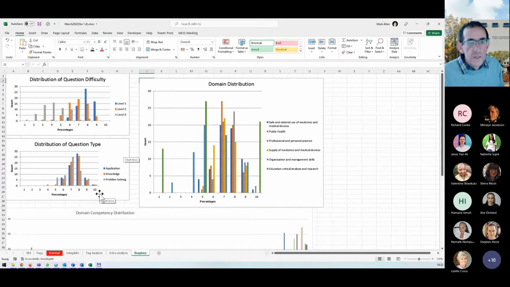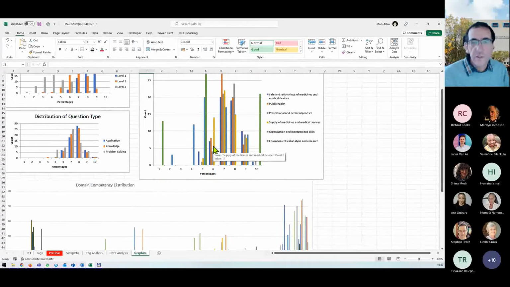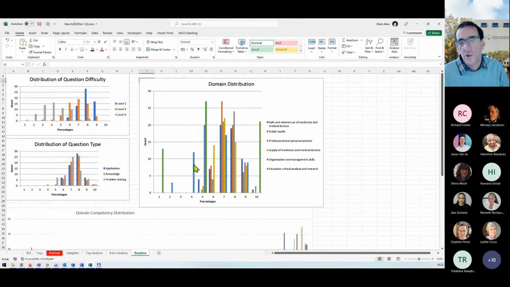So you can actually see where the peak of the normal curve moves, depending on whether you're applying your knowledge and how they do with problem solving. And then it's the same thing again. Unfortunately, for some of these graphs there are not enough questions to do a full assessment.